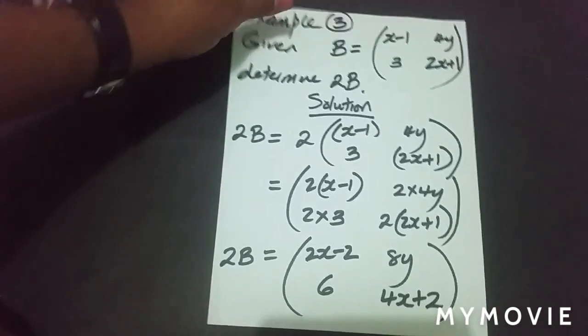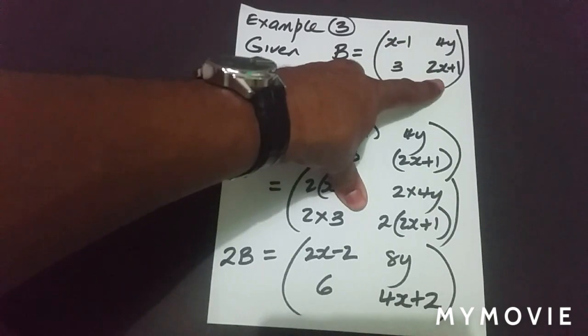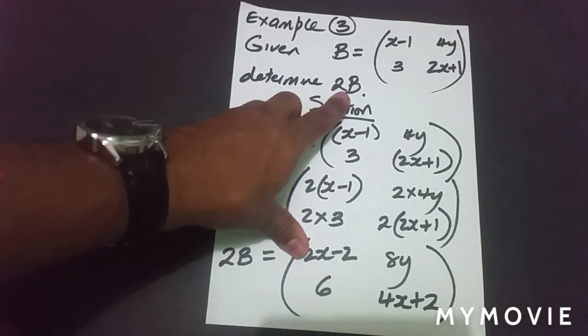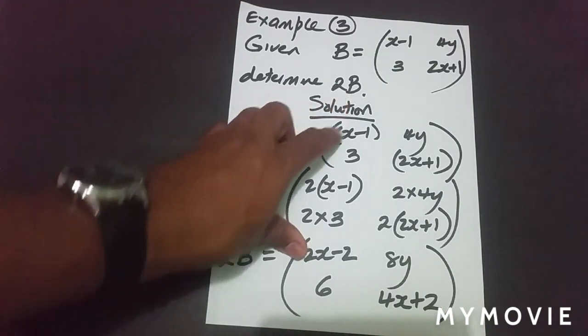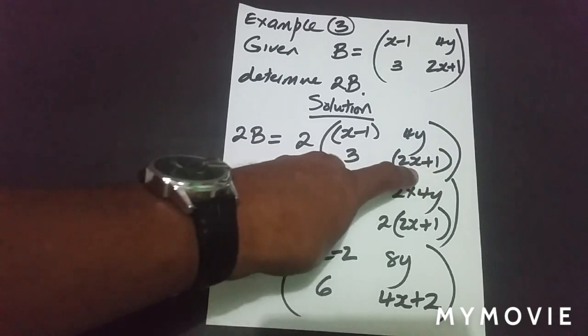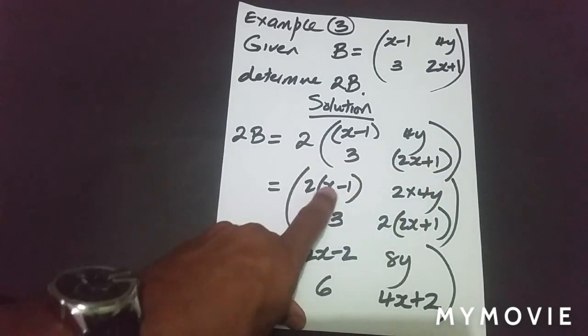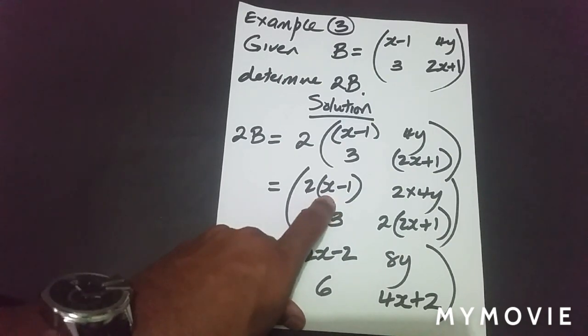The next example that we looked at involved algebraic expressions, and that's where you should pay most attention. Once you see an algebraic expression and you're asked to do scalar multiplication, ensure that the algebraic expressions are put in brackets every single time. Because when it comes down to this step, without the bracket, you're going to get that step wrong.